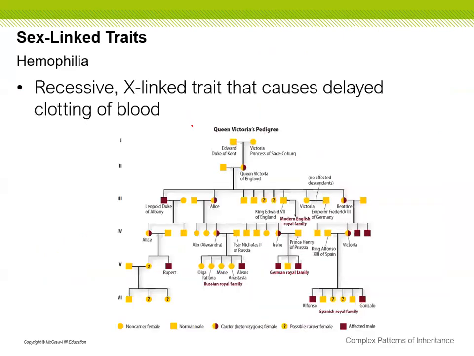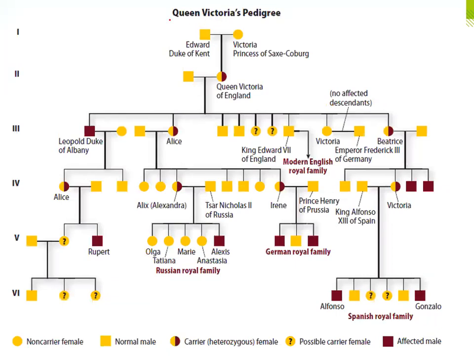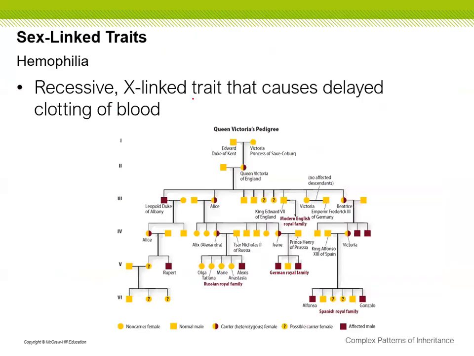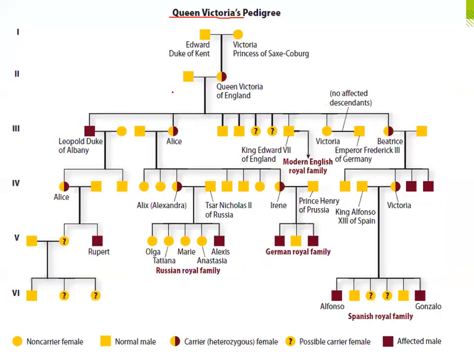One example of this, I'm going to blow this up, is Queen Victoria in England. This is her family history and pedigree, and this is specifically looking at an X-linked trait that causes a blood clotting disorder, a recessive X-linked trait. If we remember, Queen Victoria herself was a carrier of it.